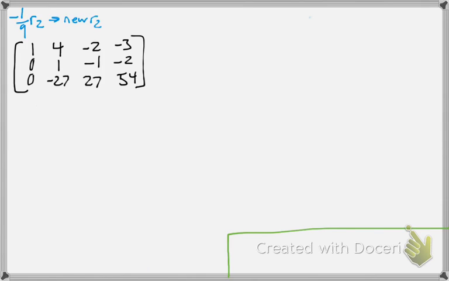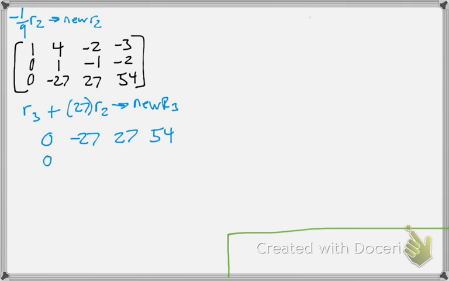Okay, so now that I have the 1 there, I want to get zeros underneath it. So I want to get rid of that 27. So if I take row 3 plus 27 times row 2 to get my new row 3, this will be 0, -27, 27, 54, 0, 27, -27, -54.